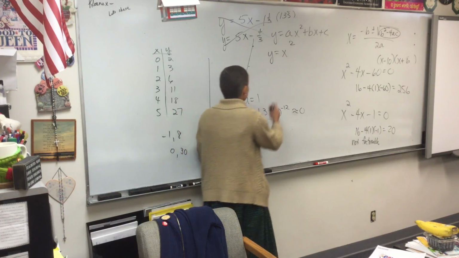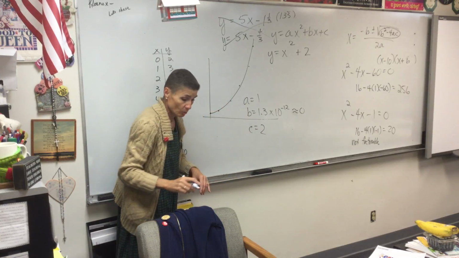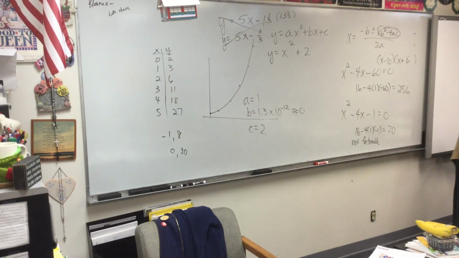So my equation is y equals x squared plus 2. That's my equation. Now, do I find a match for that one? Yes, it's equation R. And do I have a picture that matches that?